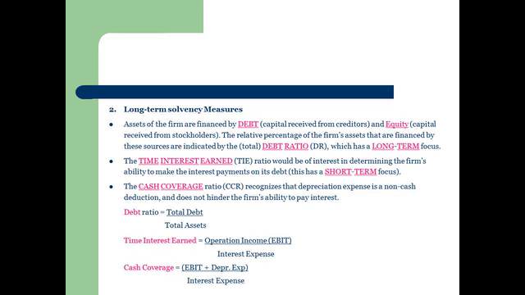Now number two is the time interest earned ratio. What is the time interest earned ratio? It is a ratio that measures the firm's ability to make the interest payments on its debt. This has a short-term focus.